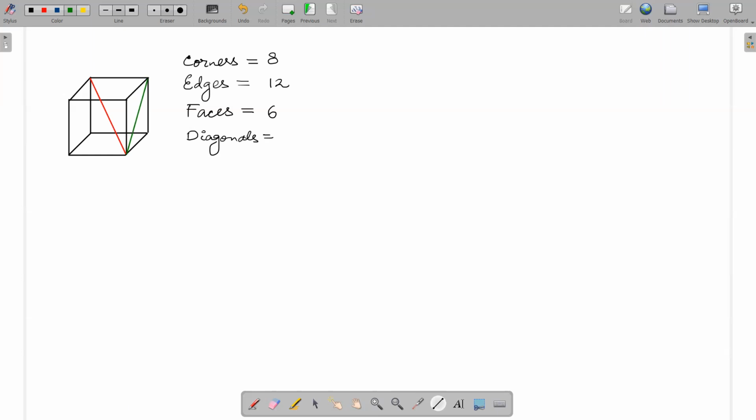So each face has 2 diagonals. You can have diagonals of 2 types. So I will write here now. One will be face diagonal.